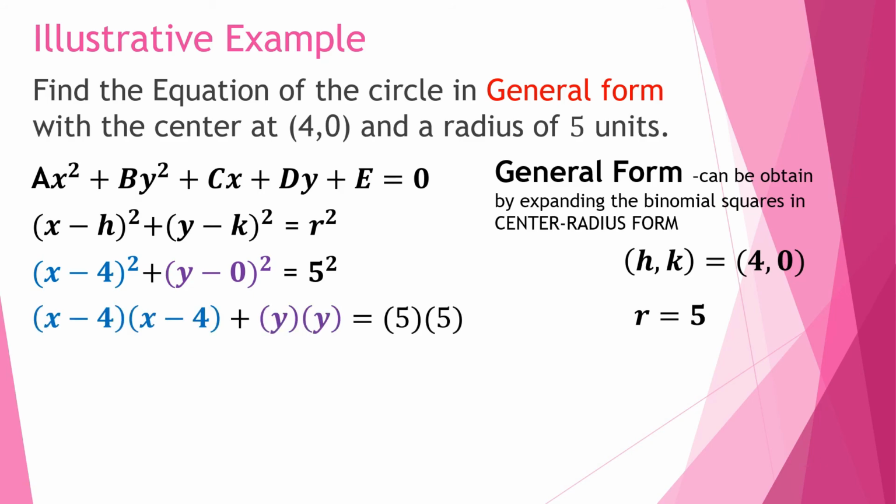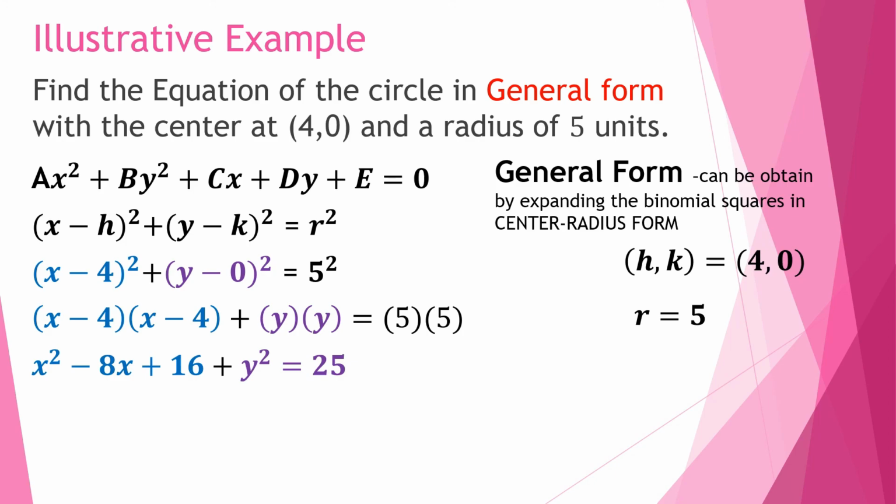So we will have (x - 4) times (x - 4) plus y times y equals 5 times 5. Then performing the multiplications, we will have x squared minus 8x plus 16, the product of (x - 4) times (x - 4), plus y squared equals 25, which is the product of 5 times 5.